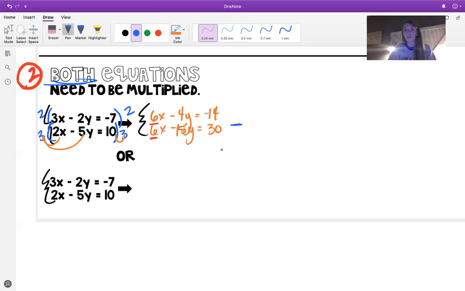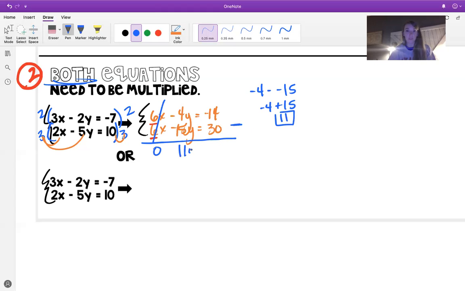So I'm going to have to subtract these two equations from each other, because a positive 6x minus 6x will equal 0. And then that's a negative 4 minus a negative 15. That's like saying negative 4 plus 15, which would be 11.